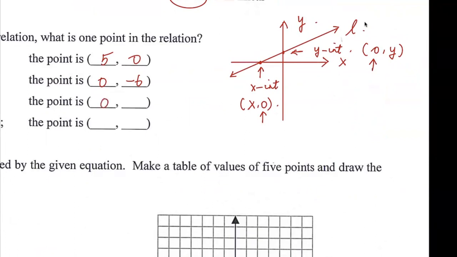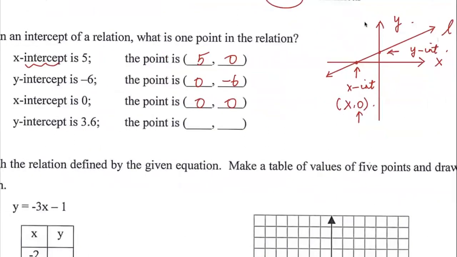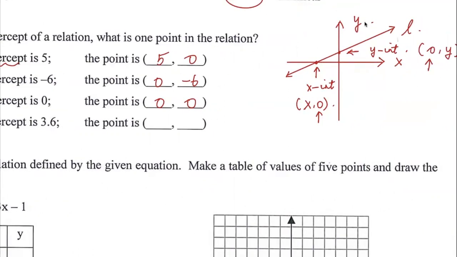So this should be (0, 0), right? If we have an x-intercept 0, that means the straight line passes through the origin. If we have a y-intercept 3.6, again, when we have a y-intercept, x is 0, so (0, 3.6).